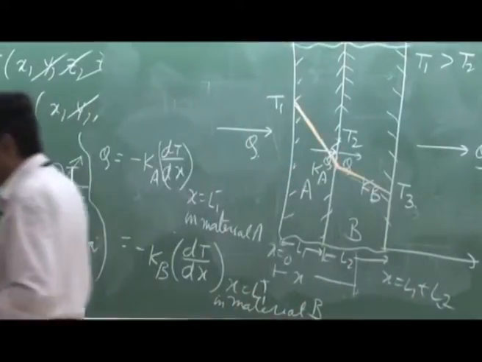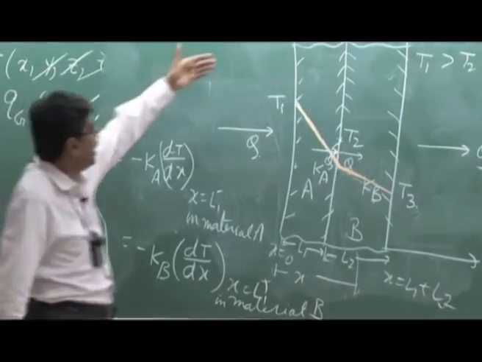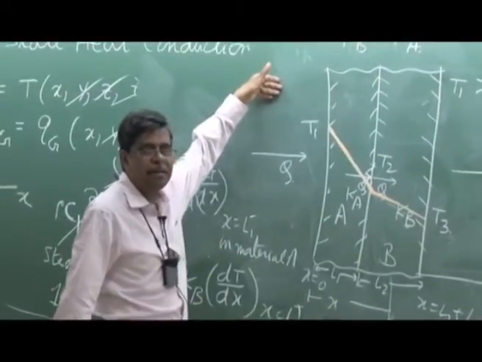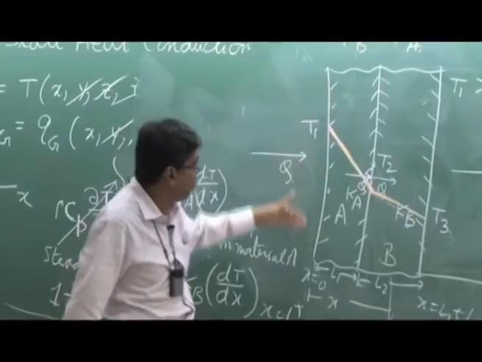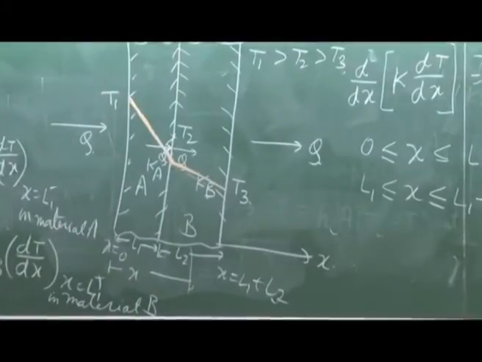And here also, if we prescribe the problem with a hot gas temperature, that means it is coupled with the convection boundary and a cold gas temperature, then the problem becomes like this.